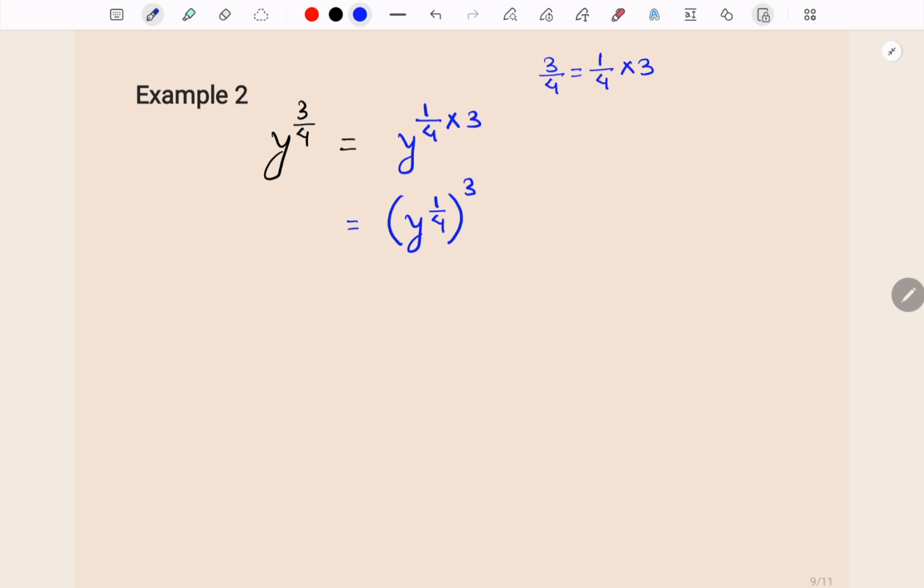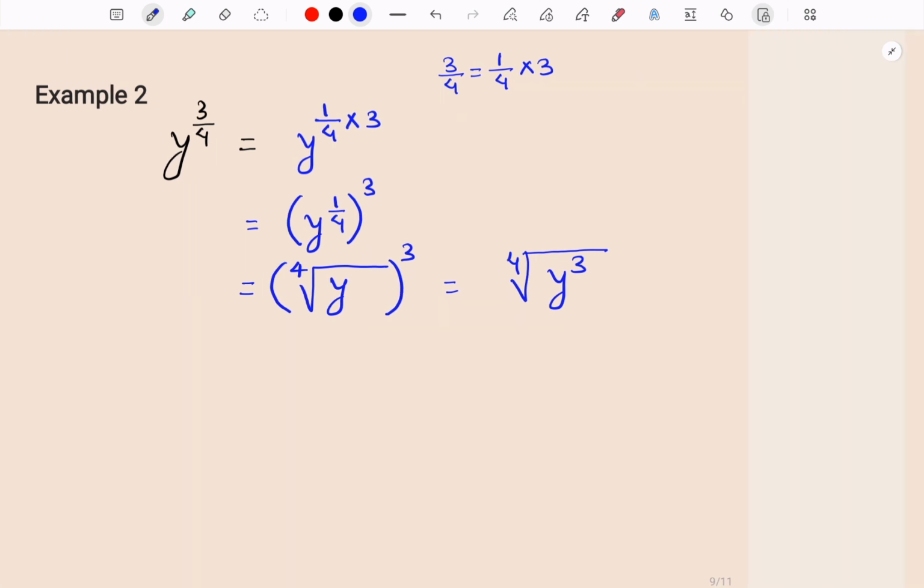Now, let's take the fourth root first. So it would be the fourth root of y, raised to the power of 3. Again, I can write this in a different way. I can write this as the fourth root of y cubed. So both forms are correct.